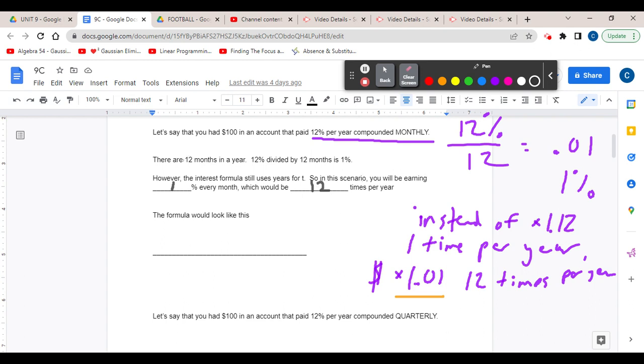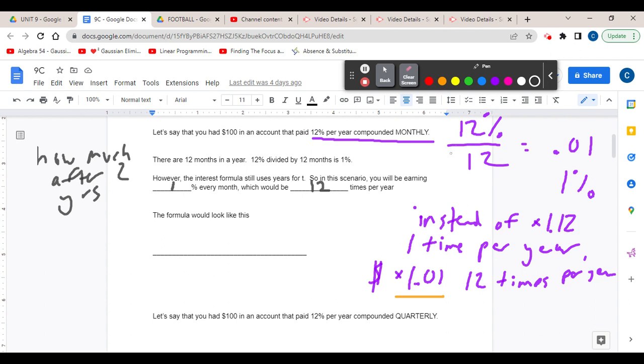Now t is still our number of years. So here's what our formula is going to look like. Let's just say hypothetically I want to know how much money I have after 2 years of this.